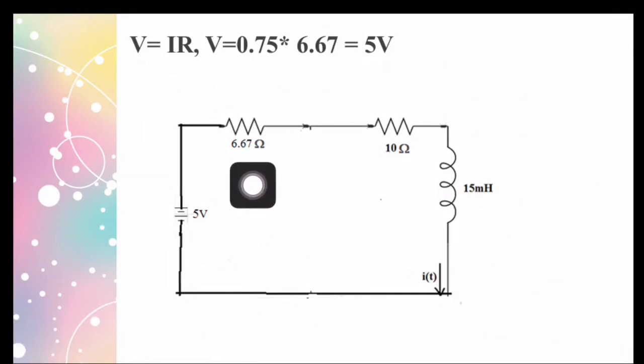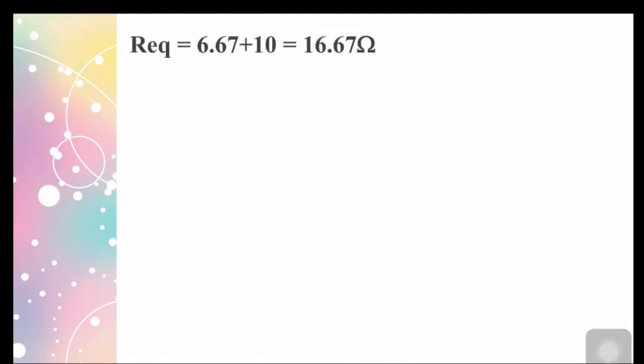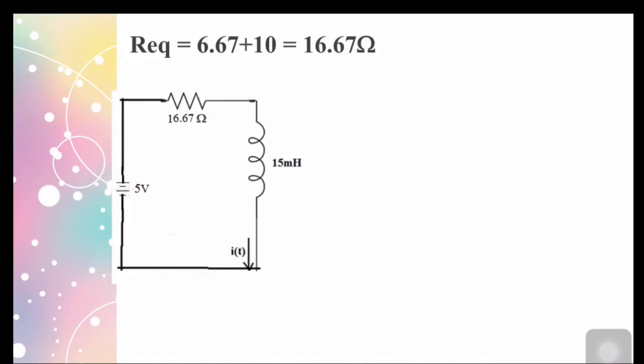Now you look at this 6.67 ohm resistor and 10 ohm resistor. They are connected in series, so we are going to replace them with the equivalent resistance, which is nothing but 6.67 plus 10, that is equal to 16.67 ohm, and we get a circuit like this. It is a simple circuit which contains only one loop.